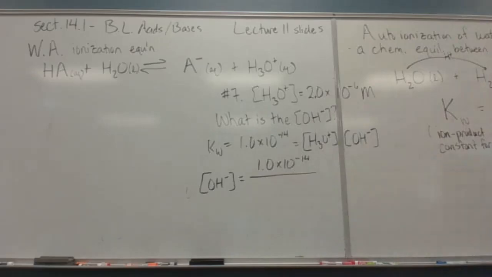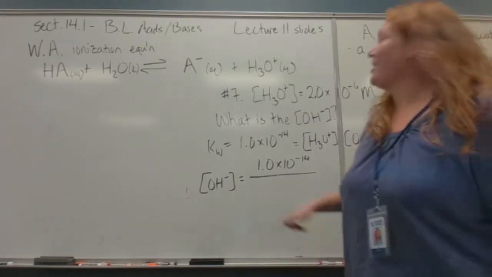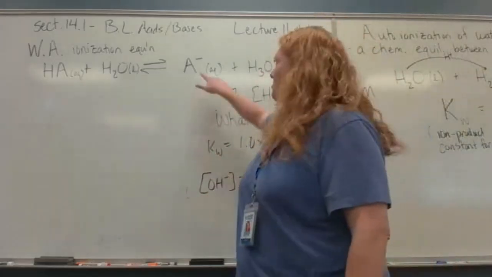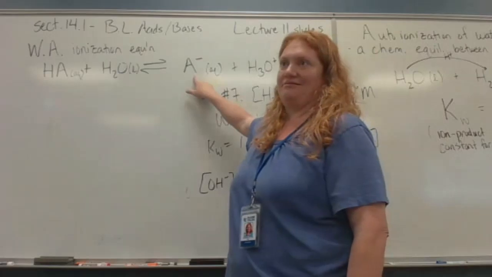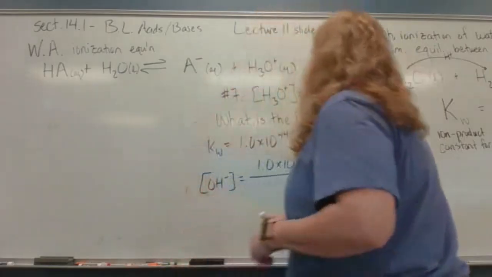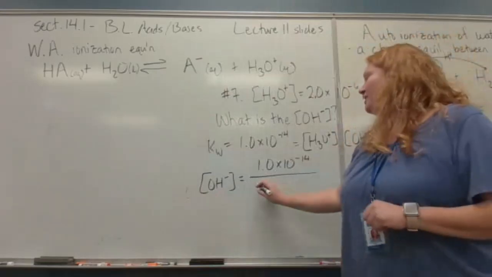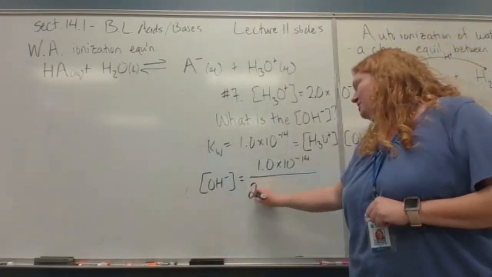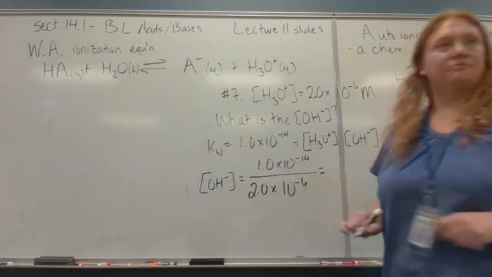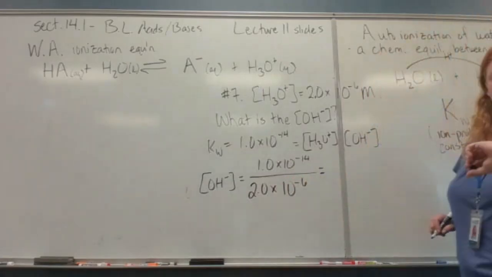Why can I use hydronium to figure out OH minus and not something else? Because this relationship is established and known. I don't have a relationship, as you know right now, between this and OH minus yet. I do have a relationship between hydronium ions and hydroxide ions. So what's the OH minus?